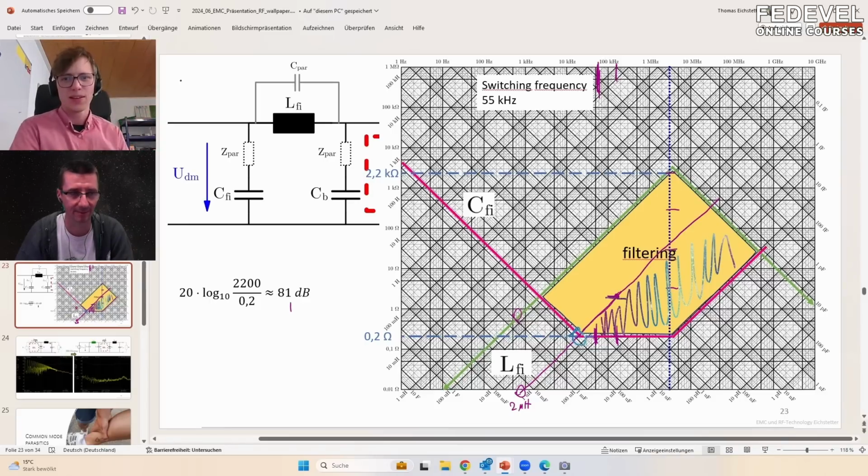I understand. And this should not be too close to the switching frequency. The worst thing would be when you have, let's say, a ceramic capacitor with a very low ESR, and you are hitting the resonance of the inductor and capacitor exactly at the switching frequency. Then you are amplifying the noise in such a way that your circuit can actually be damaged.